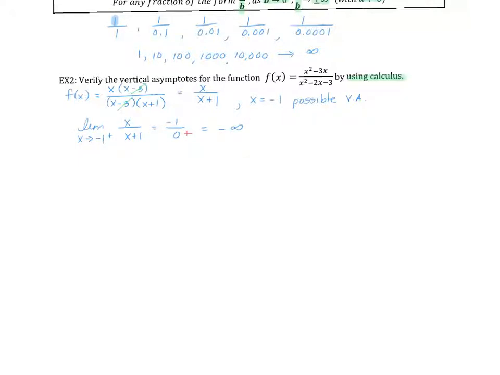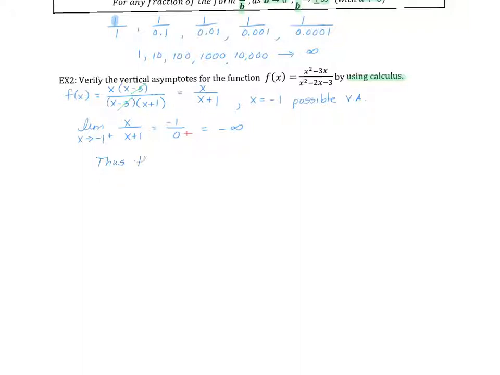All right, so I've just used calculus to show that I have a vertical asymptote, but I have to make a conclusion. Remember, I wasn't supposed to just compute the limit. What I was supposed to do is verify that x equal to -1 is a vertical asymptote. Taking the limit is the verification. So once I take the limit, I can conclude, so I'm going to just write thus.